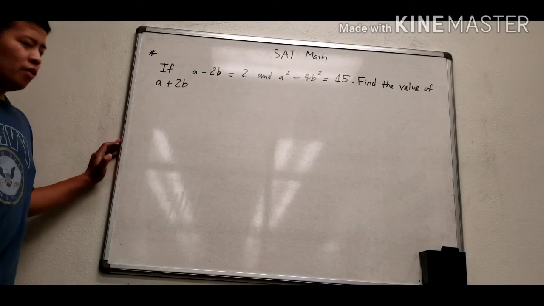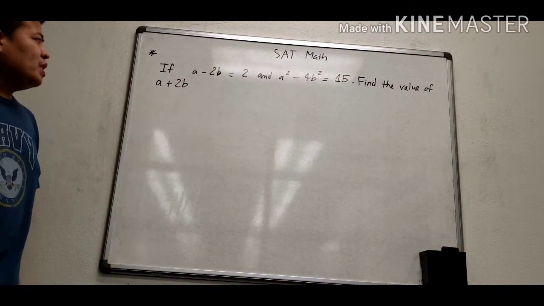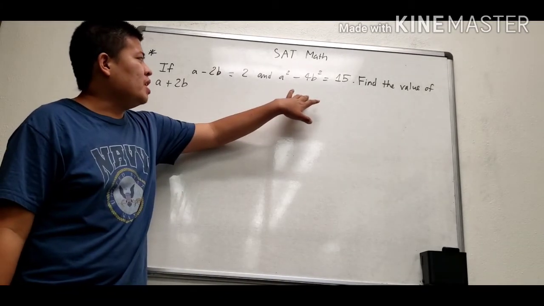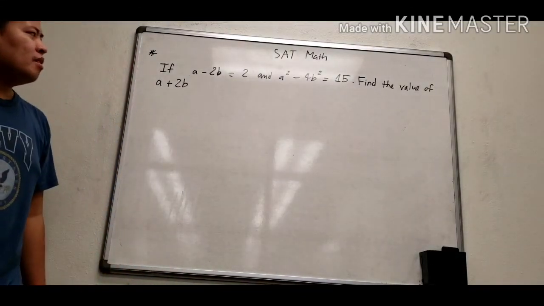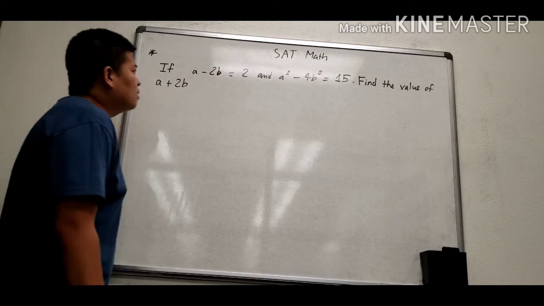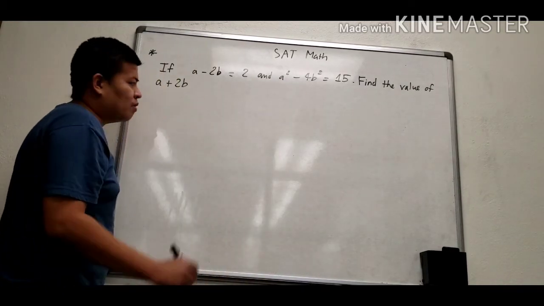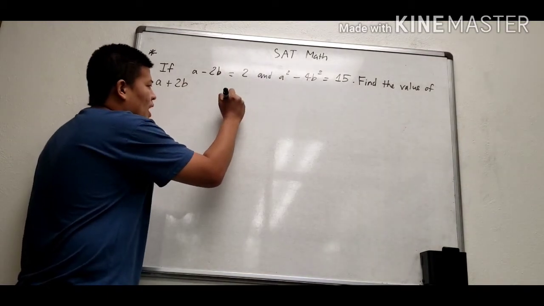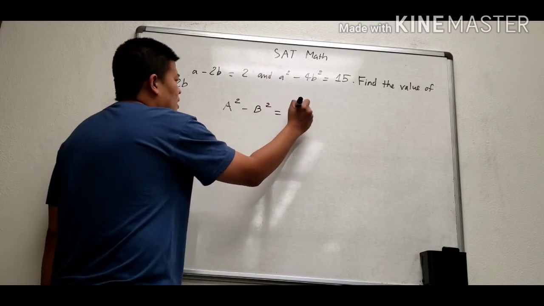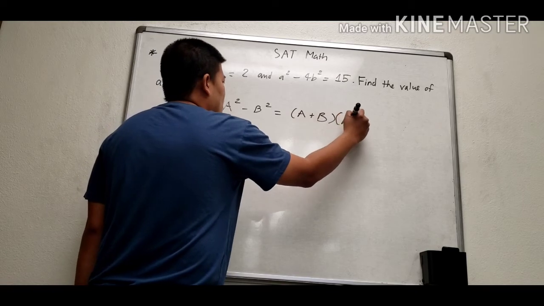So in the real SAT math, if a minus 2b times a plus 2b, and a power 2 minus 4b power 2 equal to 15, find the value of a plus 2b. In here, you can see that a power 2 minus 4b power 2 is similar to a power 2 minus b power 2 equal to a plus b and a minus b.